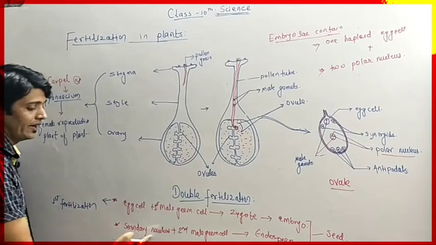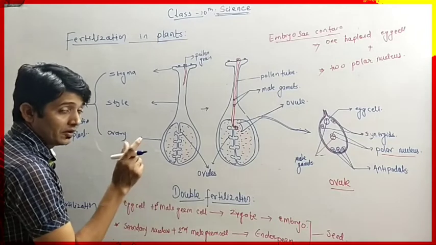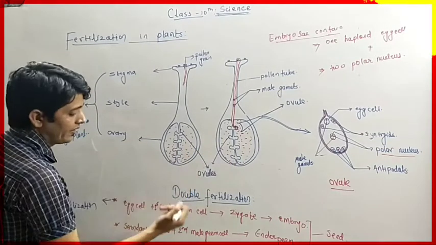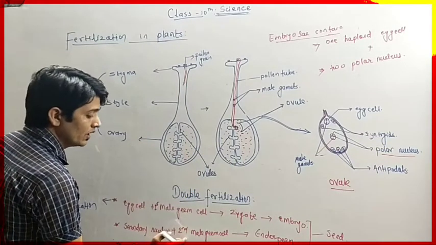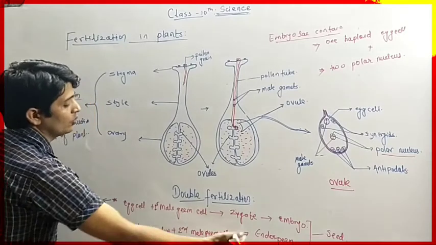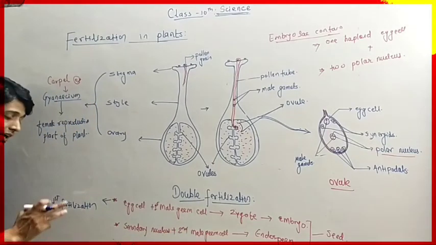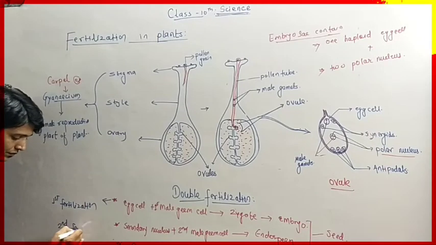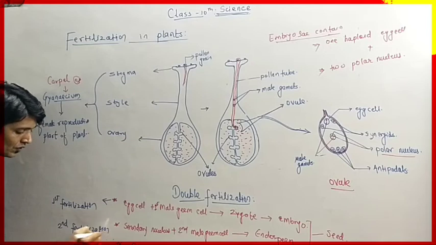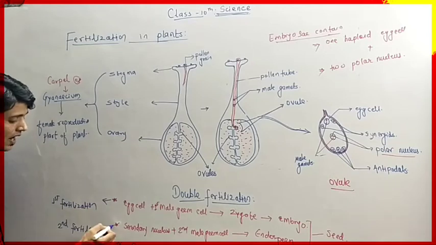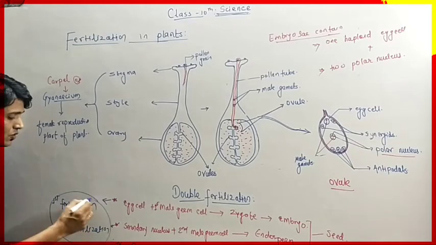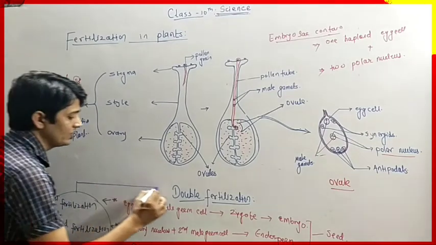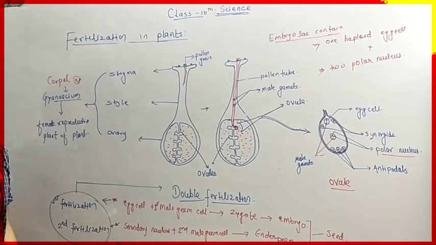And when the secondary nucleus of the ovule fuses with the second male germ cell to form endosperm, it is the second fertilization. So in plants, fertilization takes place twice. That's why it is called double fertilization.